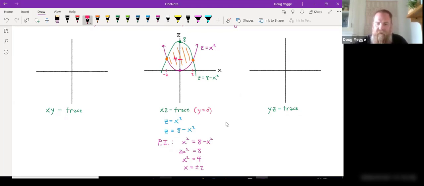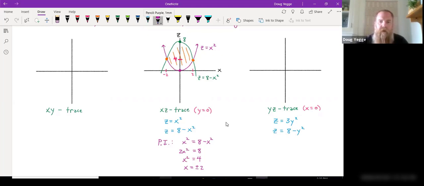The yz trace is pretty simple as well. It just means set x equal to 0. If I set x equal to 0, then I'm going to get z equals 3y squared for the first function. And I'm going to get z equals 8 minus y squared for the second function.